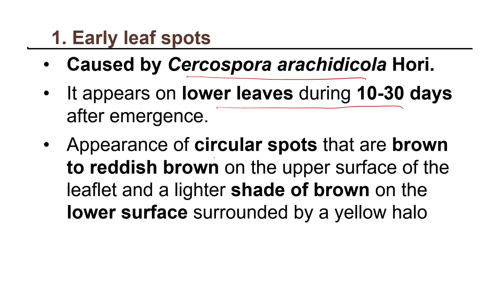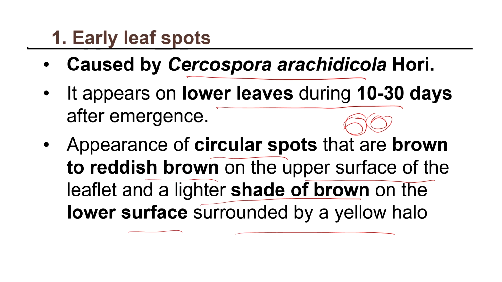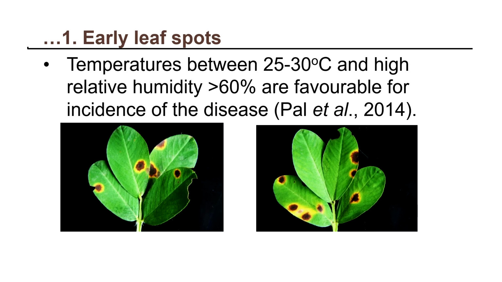You can find circular spots that are brown to reddish brown on the upper surface of the leaflet and lighter shade of brown on the lower surface, surrounded by yellow halo. Temperature between 25 to 30 degrees centigrade and high relative humidity, more than 60%, are favorable for incidence of the disease.